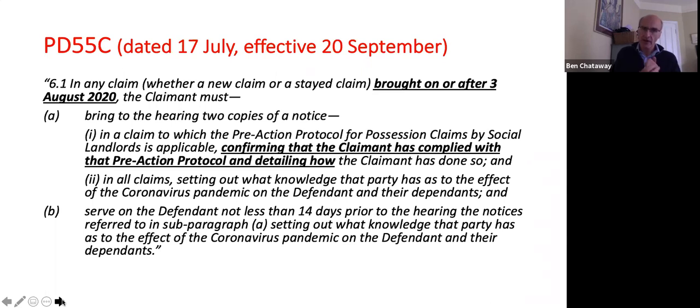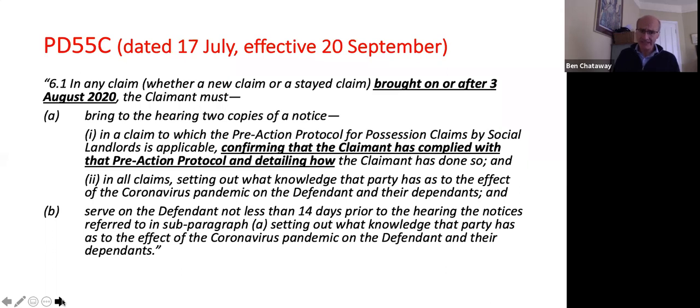And what it says, among other things, is that the claimant must bring to the hearing a notice confirming that the claimant has complied with the pre-action protocol and detailing how. So there is an argument that the effect of this practice direction is, in a sense, to incorporate the protocol. And if you don't comply with the practice direction by confirming that you followed the protocol, that might be a basis on which the court could strike out a claim.